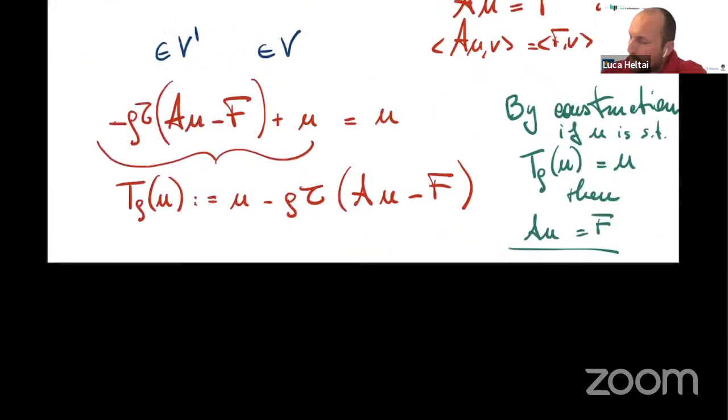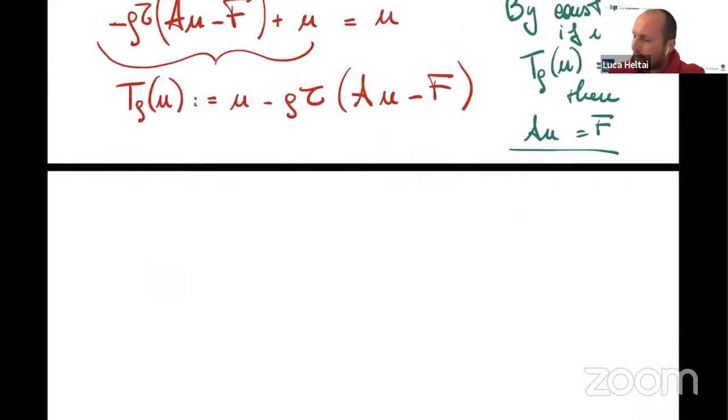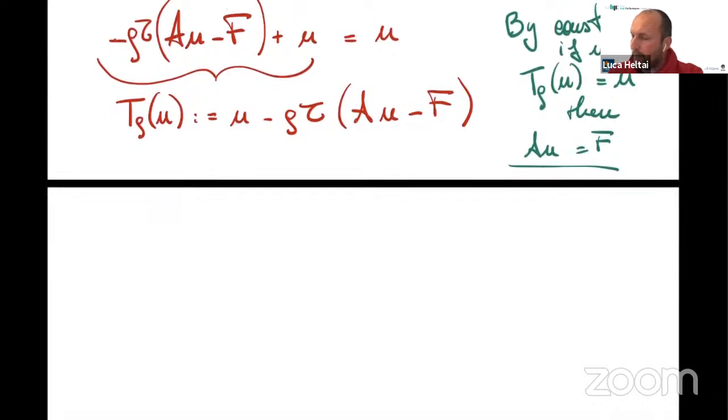And so this is exactly what we would like to understand. Let's try to figure out if we can show that this T rho of u admits a fixed point. If it admits a fixed point, then we are good to go.